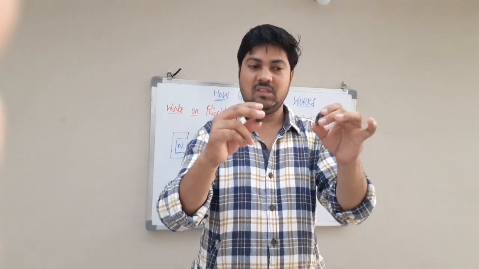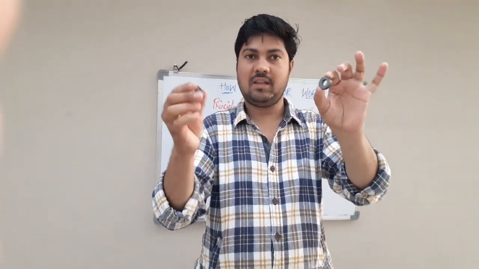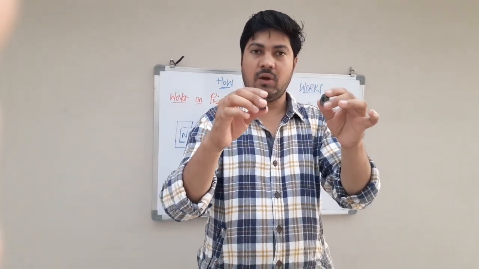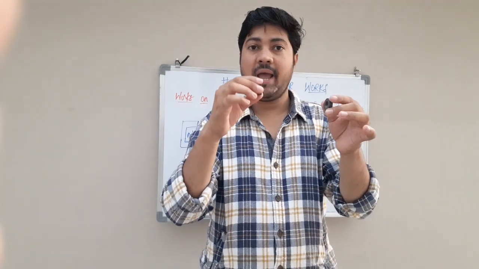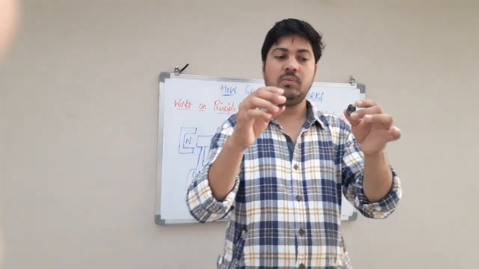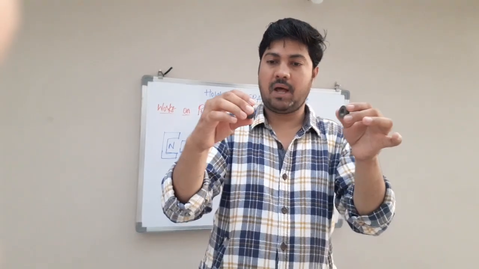So when I take two magnets, one side north pole and another side south pole, we know that around the magnet there will be magnetic lines of force, which is called magnetic flux. From north to south there will be magnetic lines passing through.